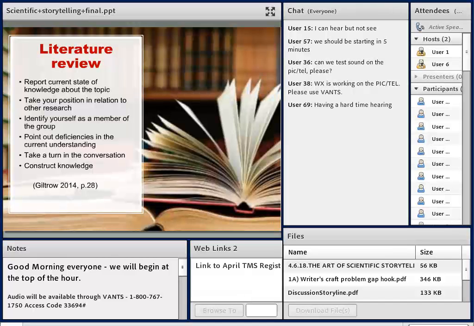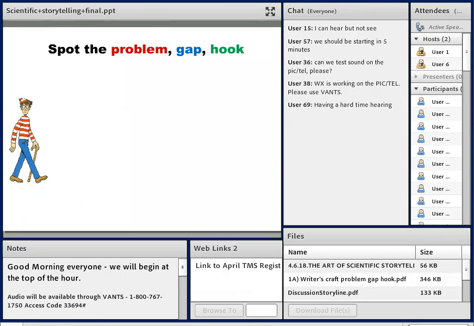And construct knowledge, which is what is referred to as advancing the field. You don't have to resolve all the problems and answer all the questions, but advance the field a little. Not replicate what other people have done. So with that, what I'd like you to do, I put Waldo in there because we're going to spot Waldo.